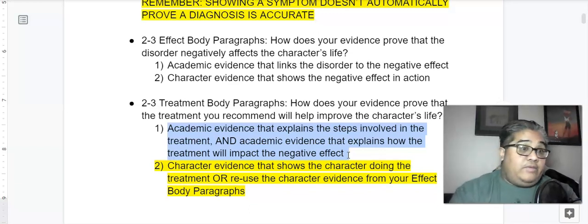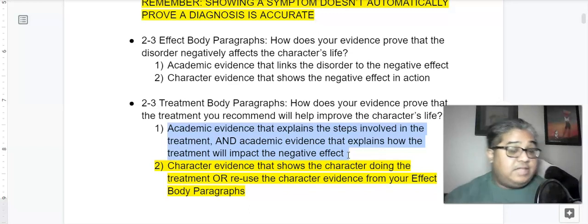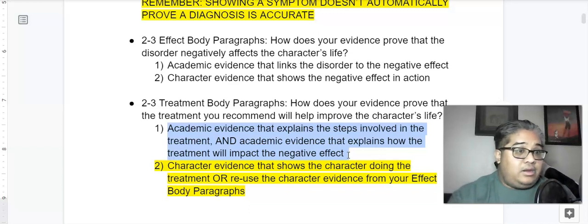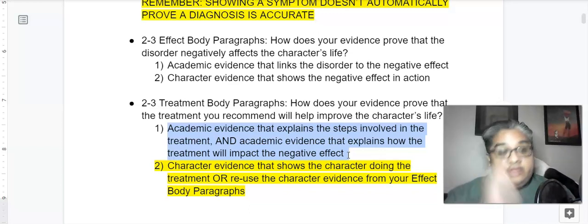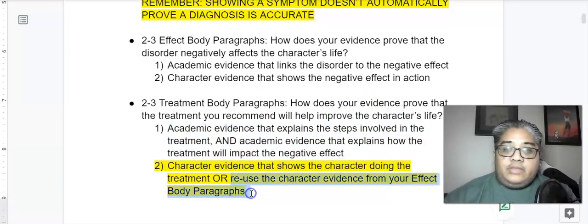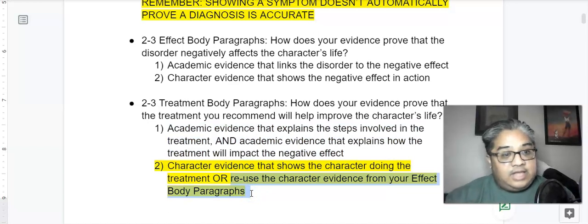Or they haven't taken any medication because they haven't been diagnosed yet, or there is no medication in their world, so to speak, because they may not live in the same world that we live in because they are fictional characters, right?